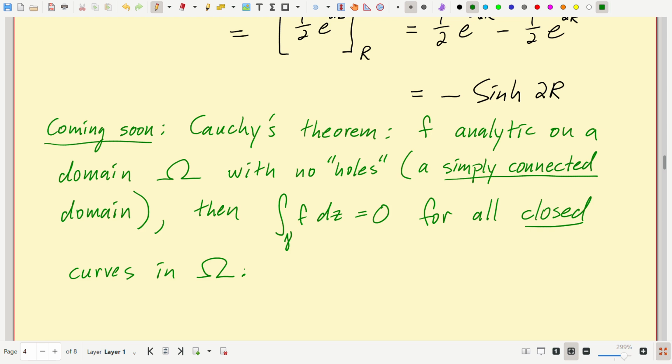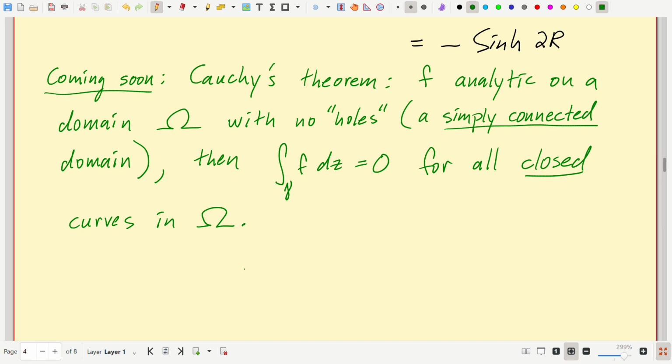And in fact, we'll see that there's a converse thing. So the funny thing is the reverse is true. In some sense, I've got to be careful about what sense it's true.